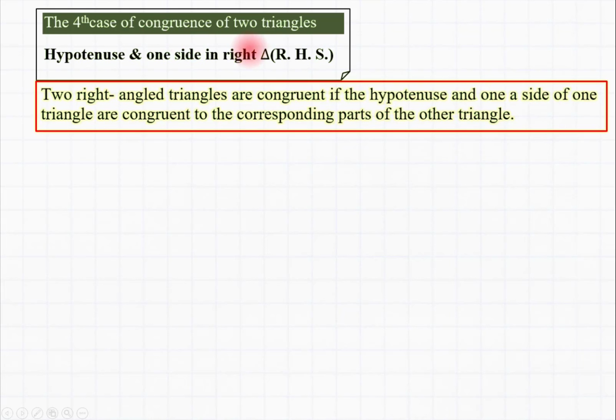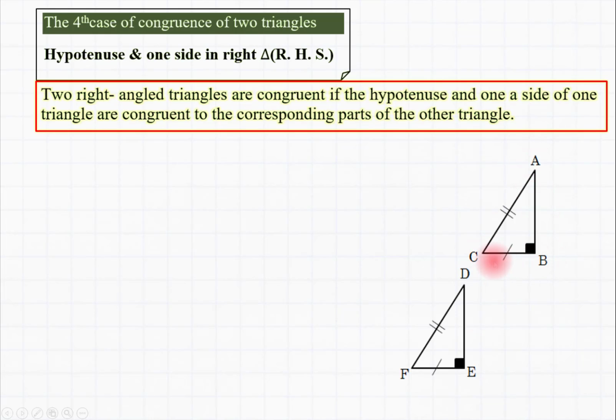The fourth case of congruence of triangles: hypotenuse and one side, RHS. R is right angle, H is hypotenuse, and S is side. Two right-angled triangles are congruent if the hypotenuse and one side of one triangle are congruent to the corresponding parts of the other triangle. We have two triangles.